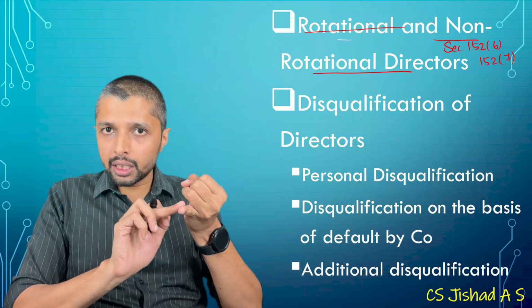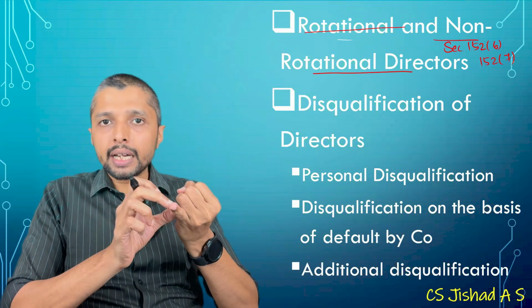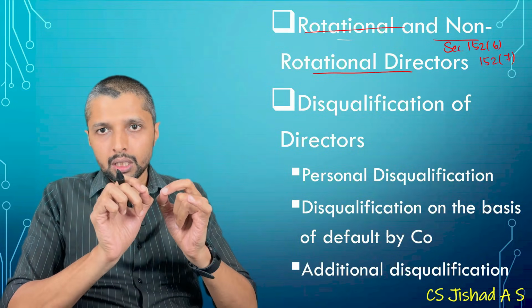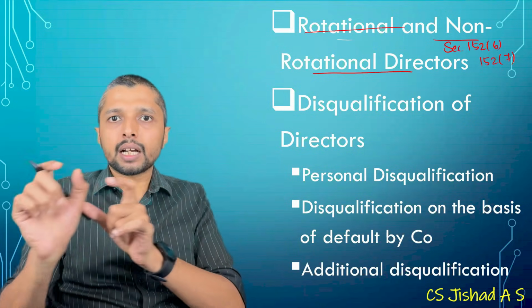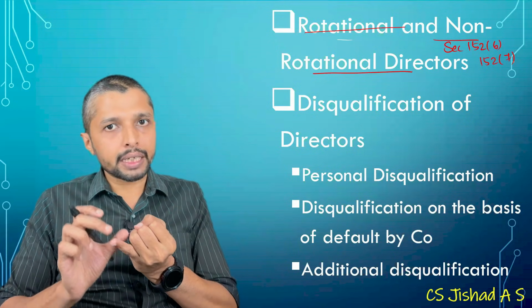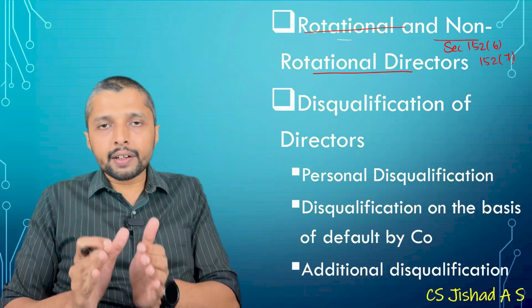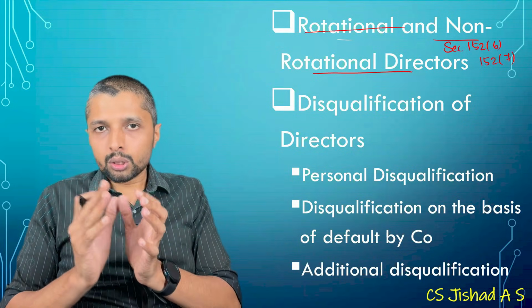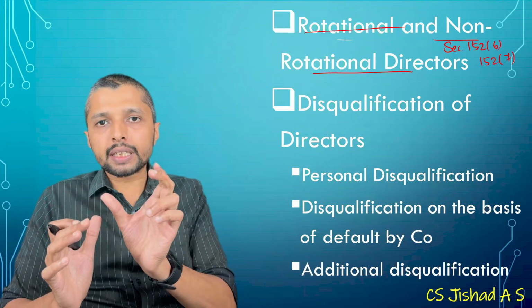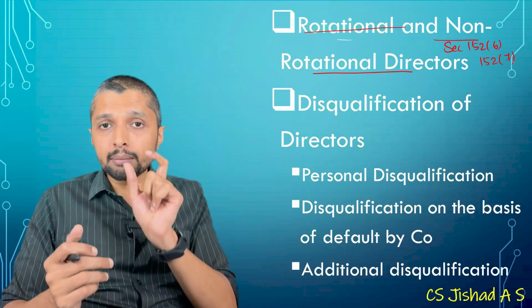What is rotational? Those directors will not have any particular tenure. Non-rotational means they will have a specific tenure, just like an additional director, whose specific tenure is till the AGM, or an alternate director, whose tenure lasts till that director returns to India. So directors without a specific tenure are known as rotational.